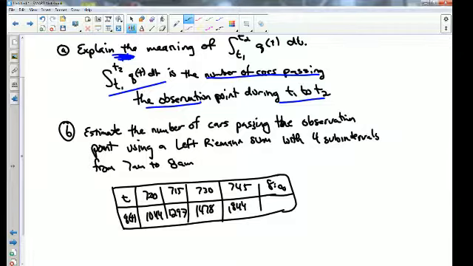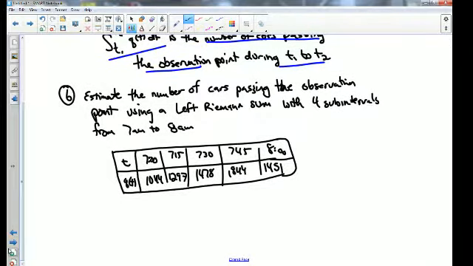Your book has till 9 o'clock, so we're just going to shorten it up a little bit. You got 1844?